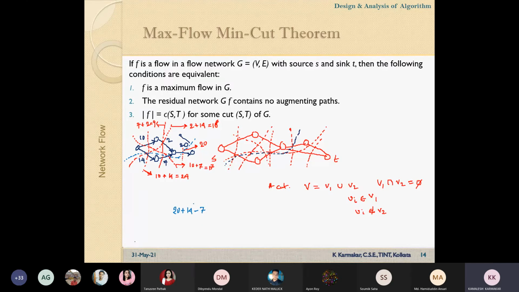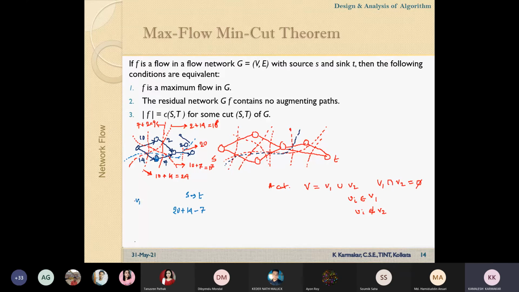How much flow is there from source towards sink? This vertex belongs to another set.